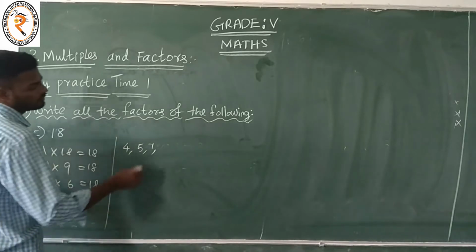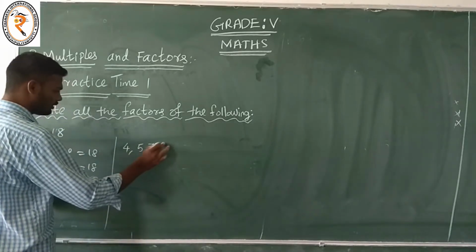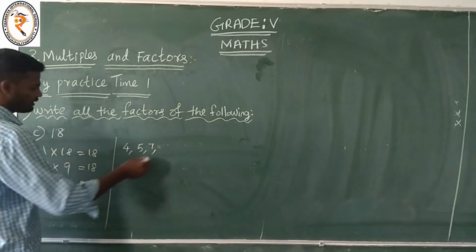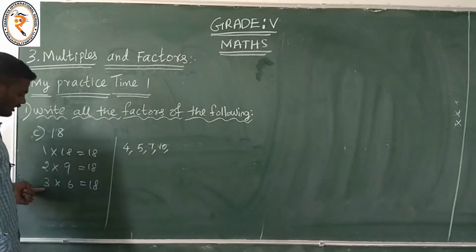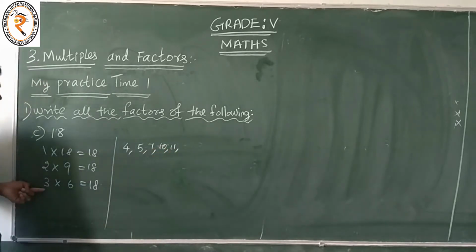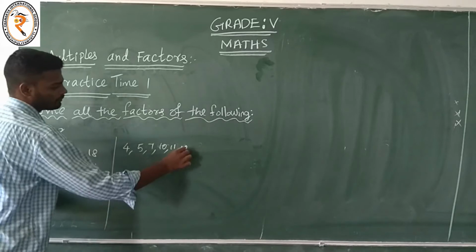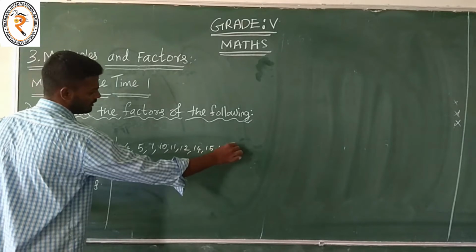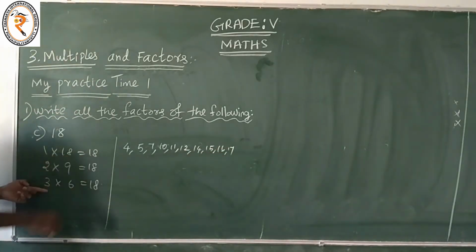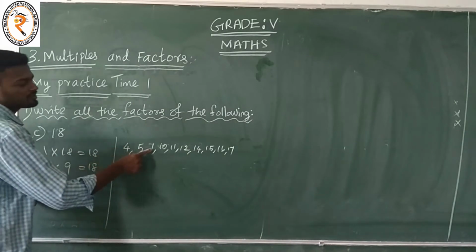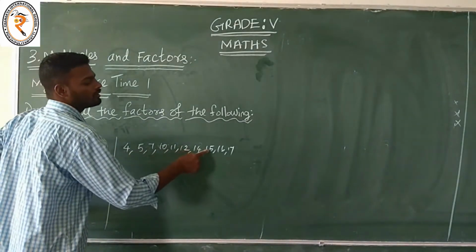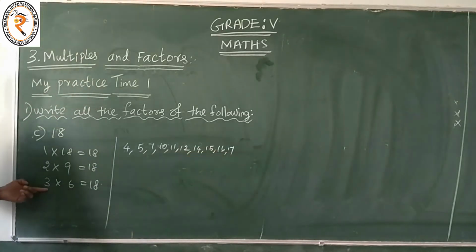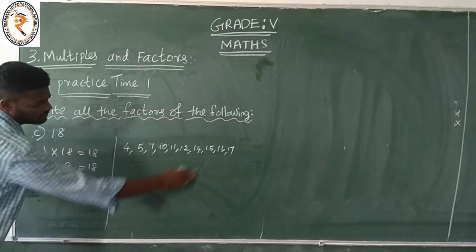Ninth table, 9 2s are 18. 10th to 17th tables are not in 18. 18th table, 18 ones are 18.